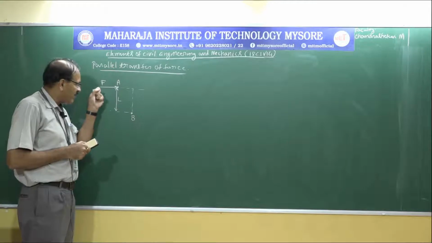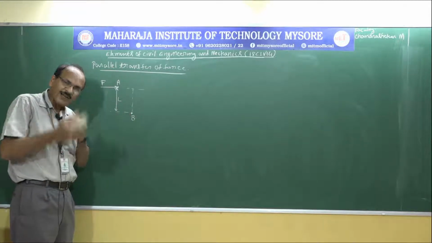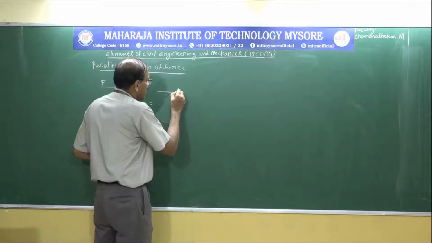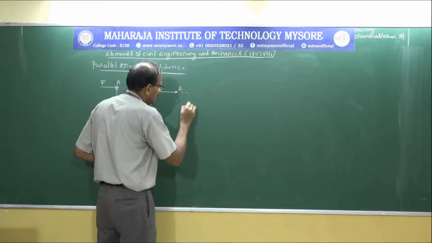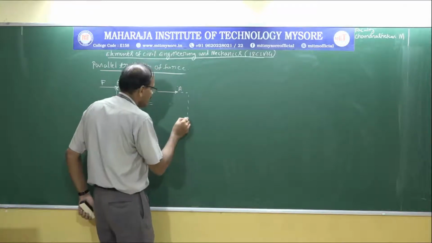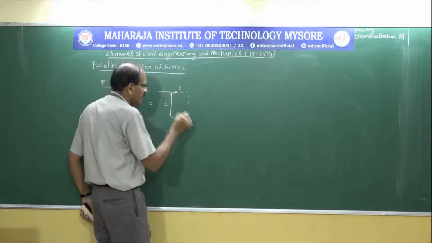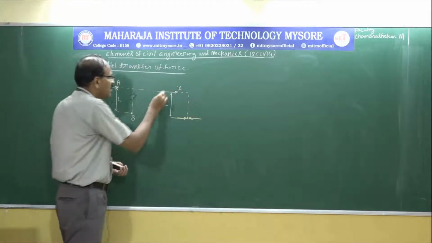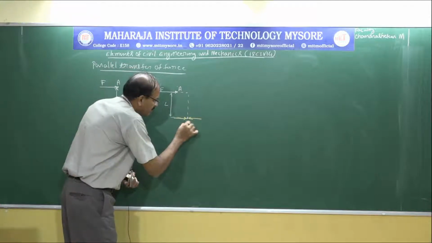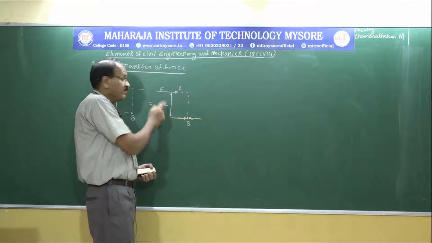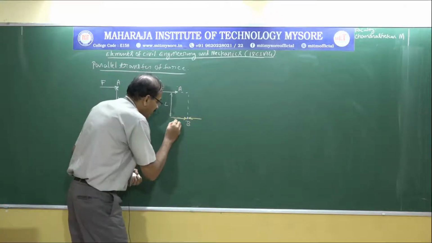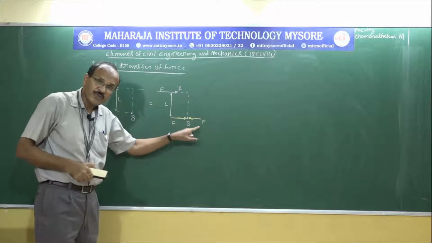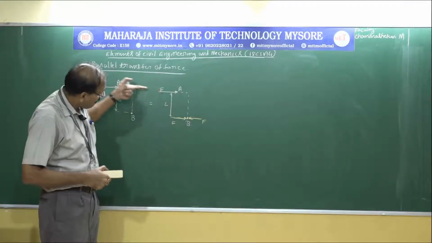To find out the effect of this force on this point, or to do the parallel transfer, the next step is this: at point B, with L the distance, I am going to put two forces of magnitude F. These two forces are equal and opposite, and they are parallel to the original force.